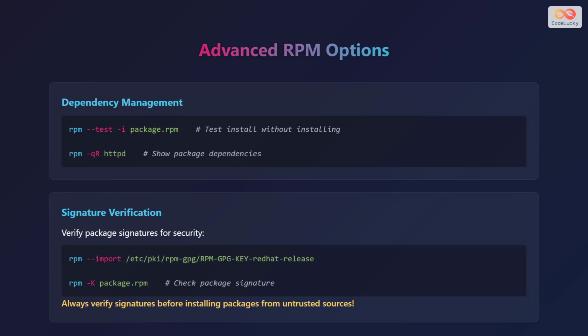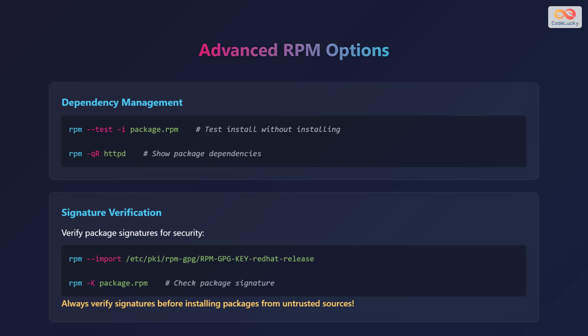RPM also offers some advanced options for dependency management and signature verification. To test an installation without actually installing the package, you can use the command rpm --test -i package.rpm. To show the dependencies of a package, use the command rpm -qR package name. To ensure the security of your packages, it's important to verify their signatures.